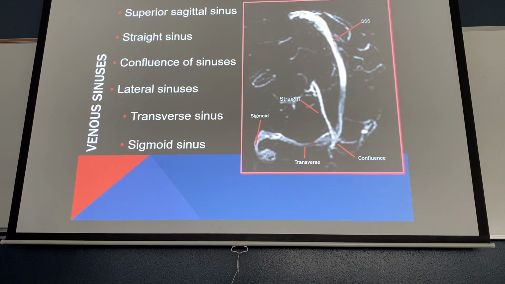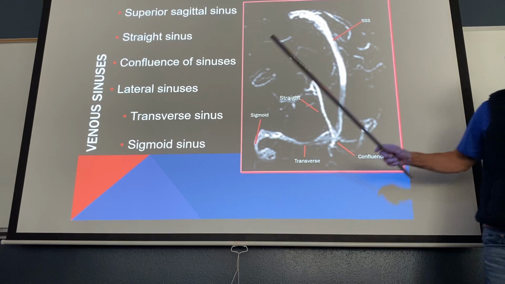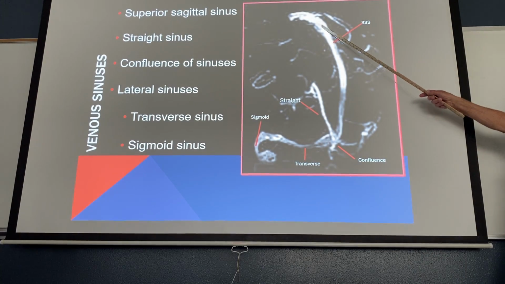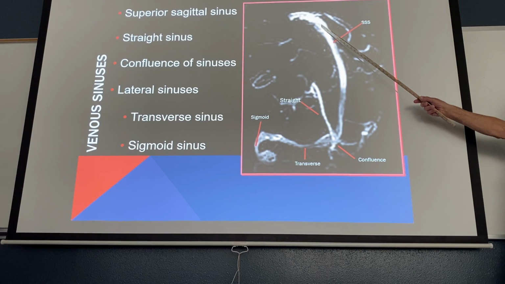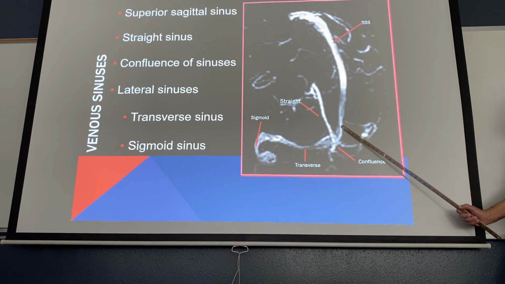Jump ahead. This is the one I really want you to focus on. So we have that one diagram of the arterial circle. Here is somewhat of an oblique version of an MRV. It kind of gives you perhaps the best map of the venous sinuses. You don't get that sagittal perspective, but here's my superior sagittal sinus coming directly down the posterior midline, right through here.